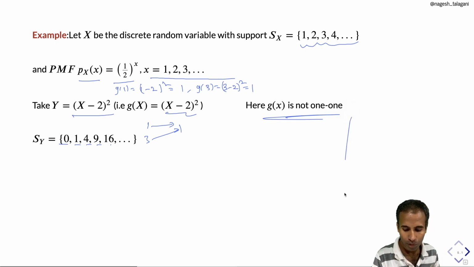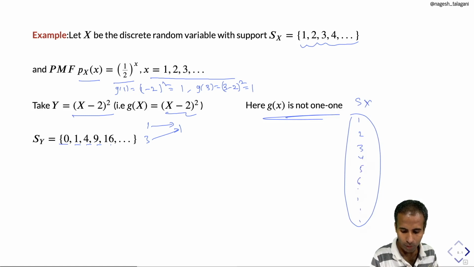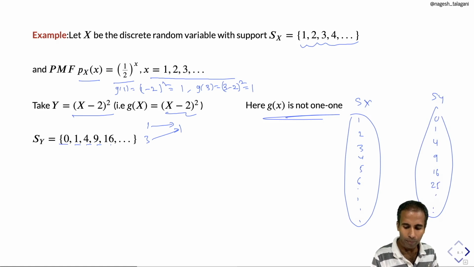Let me show you. Here is the Sx, which is 1, 2, 3, 4, 5, 6, and so on. Here is Sy, 0, 1, 4, 9, 16, 25, and so on. Here, the inverse image of 0 is 2. Only 2 goes to 0, because 2 minus 2 whole square is 0.